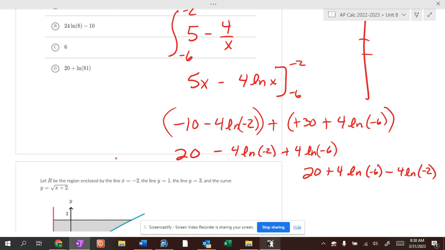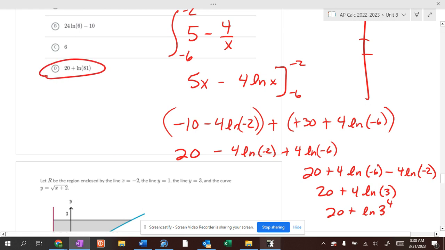When we're subtracting, we can make a fraction out of it. So it'd be 20 plus 4 ln of negative 6 divided by negative 2, which is a positive 3. So 4 ln of 3 would be 20 plus ln of 3 to the 4th power. 3 to the 4th is 3 times 3 is 9, times 3 is 27, times 3 is 81.